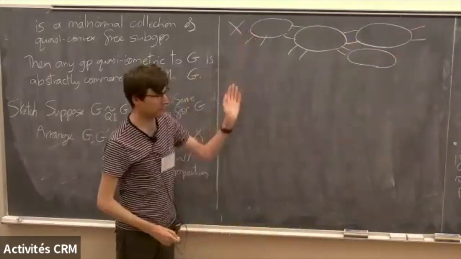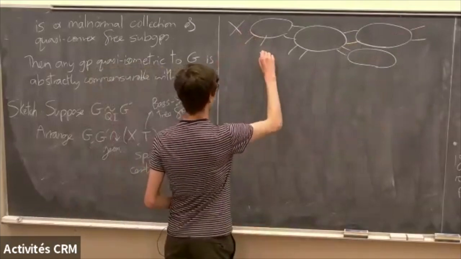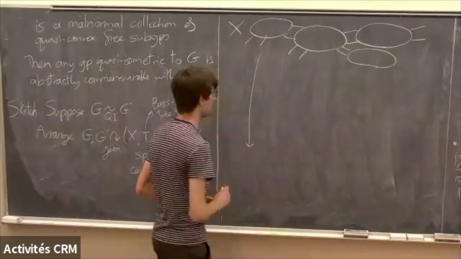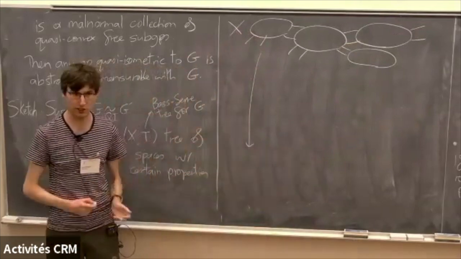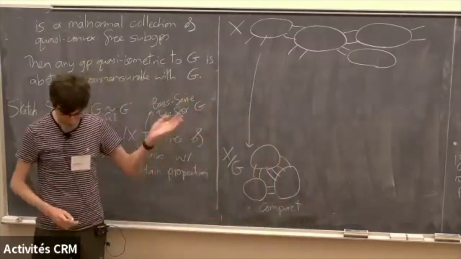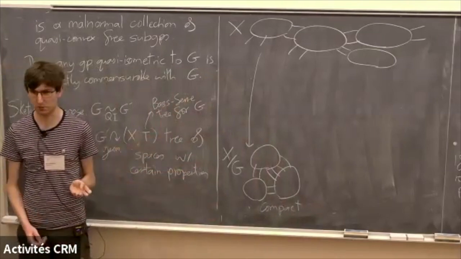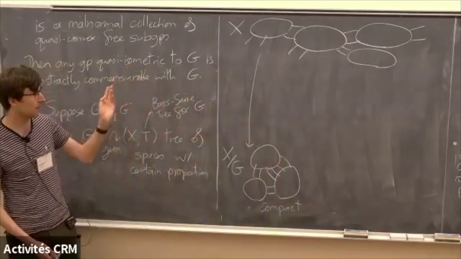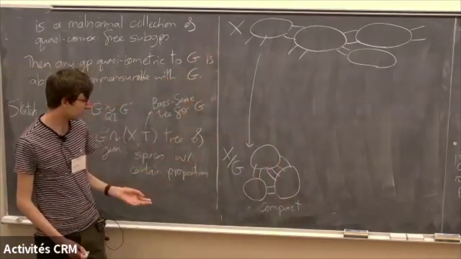There, we have our tree of spaces X, and we want to consider the quotient of this by our groups G and G prime. So we're passing to finite index subgroups if necessary. We can assume that G and G prime act freely on X. And we can assume that X is simply connected.